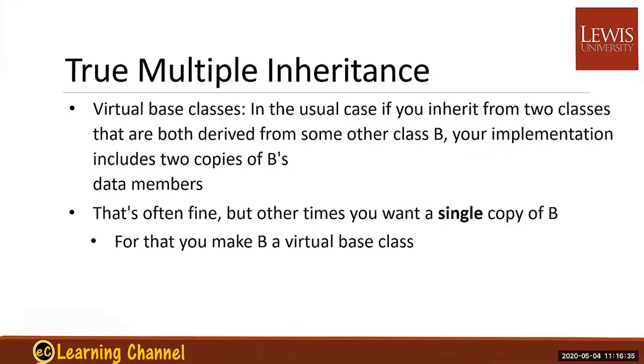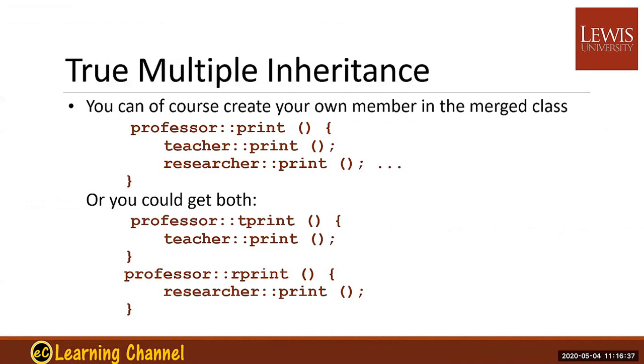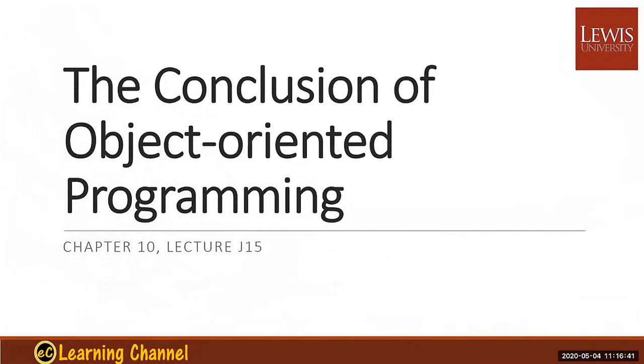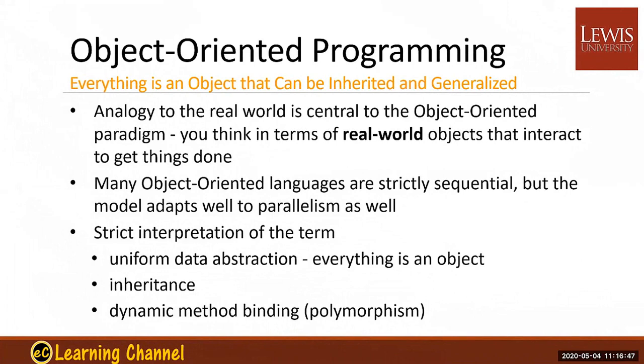So as you can see, because of multiple inheritance, it's actually quite stupid. Okay, so here we have a conclusion for object-oriented programming. It's analogous to the real-world problem, especially when it involves event-driven programming.